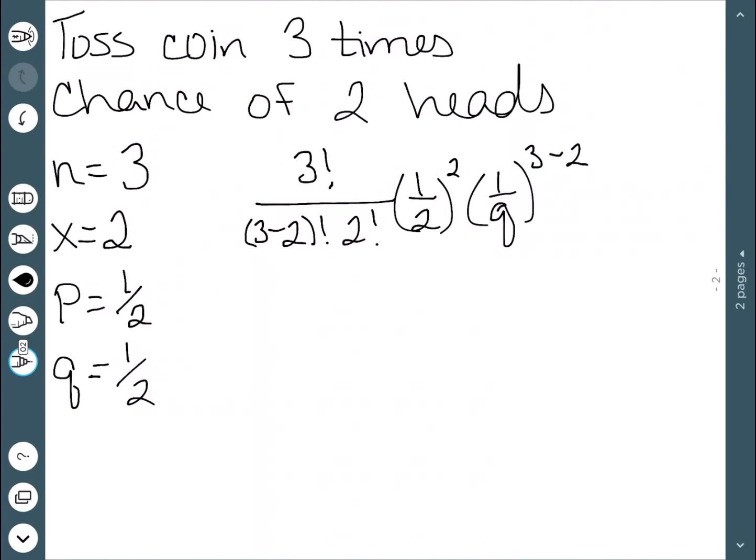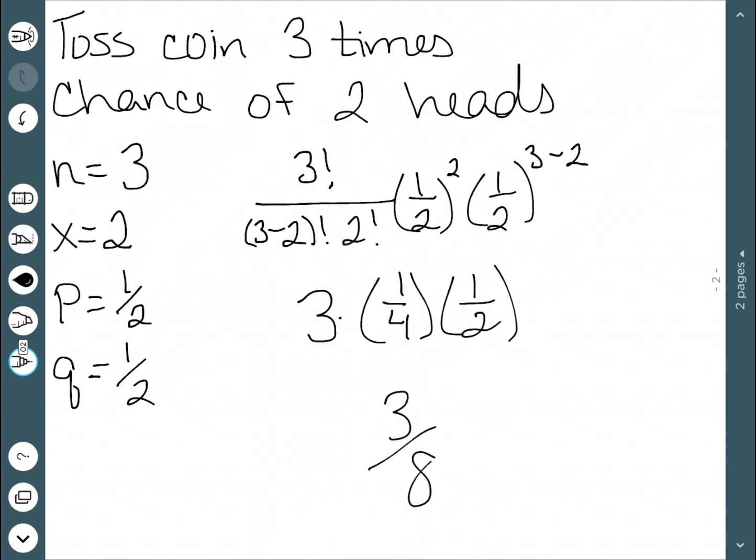So this is going to be super complicated, so I'm going to suggest using a calculator to figure it out. This first fraction is going to turn into a 3. So 1 over 2 times 1/4 times 1/2, which ends up being 3/8, exactly what we expected it to.